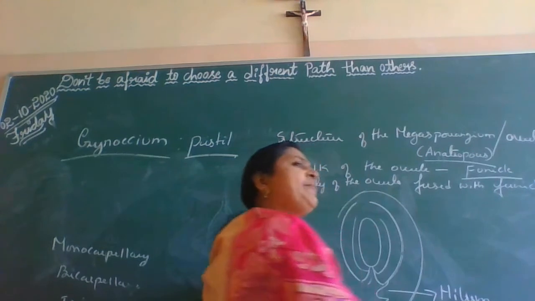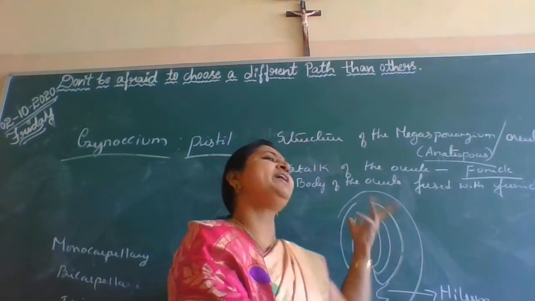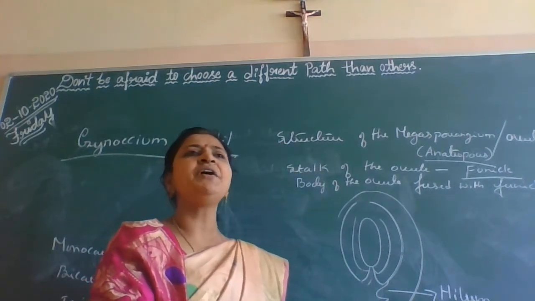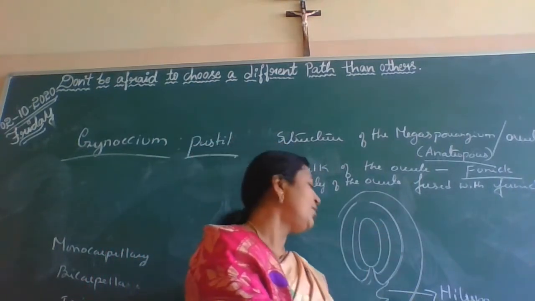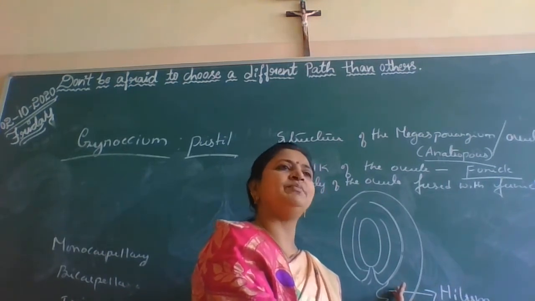Therefore, hilum represents the junction between what? The funicle as well as the body of the ovule. Which is the junction between the body of the ovule and the funicle. That is called as hilum.